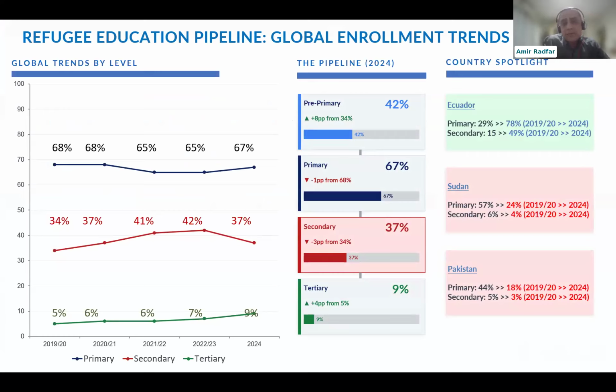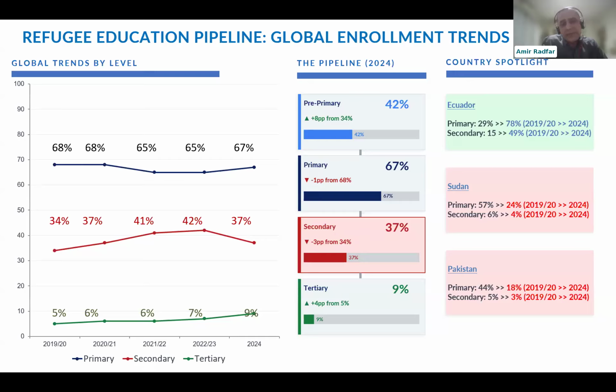We have some good numbers, and we can see the growth, for example, for higher education. Currently, this is the data we have from 2024, and I'm sure very soon we'll have the data for 2025. So we have around 9% access of the refugee population, those eligible to go to universities, for tertiary education.